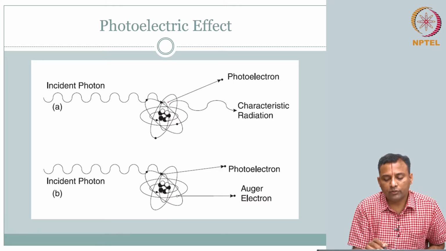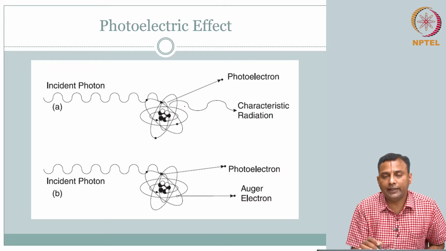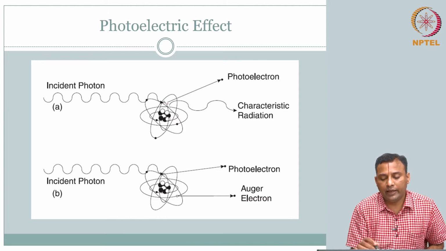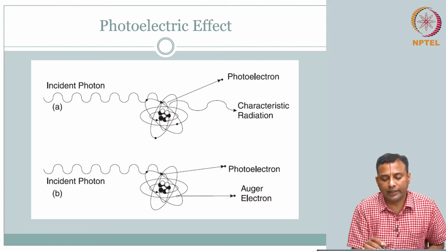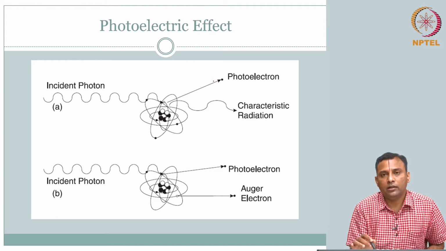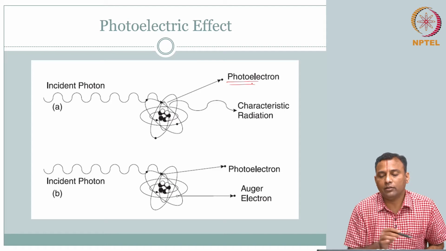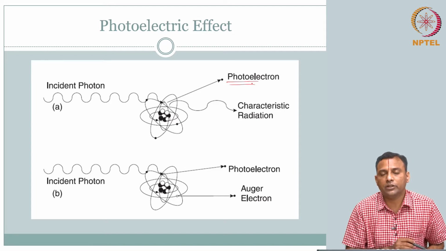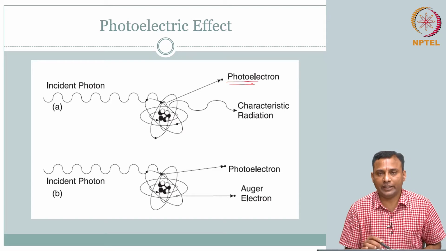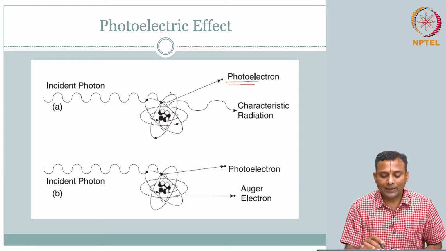The full incident photon gets absorbed completely by the atom in this field, and if it has enough energy, greater than the K shell binding energy, then the electron in the K shell will be knocked out. It is given the name photoelectron because of the process with which this electron was generated.